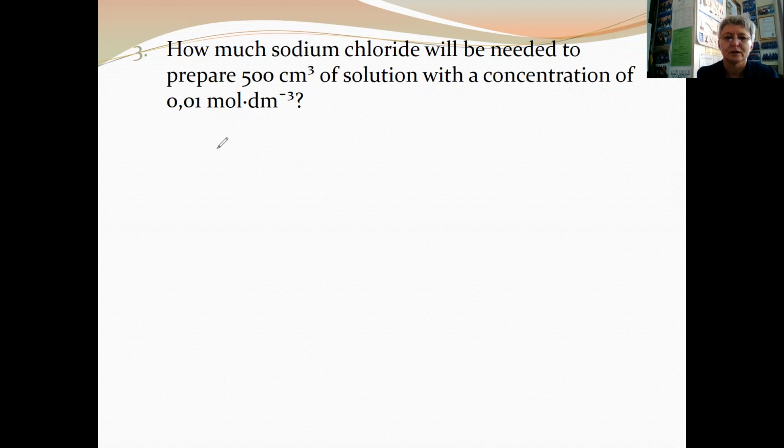I'll first calculate the moles from concentration equals mole over volume. We've got the concentration, 0.01. The moles we don't have. The volume is 500 cubic centimeters, which we need to turn into cubic decimeters by dividing by 1,000, so it's 0.5 cubic decimeter.